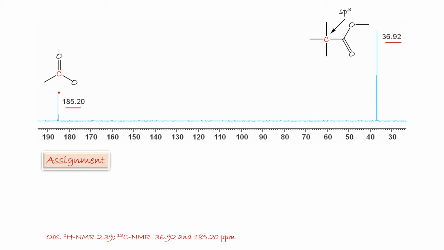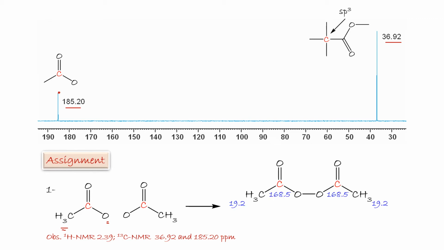So we'll go to assign this. I will say we have CH3 C double bond O, O, 2 pieces of this fragment will give us this peroxide.